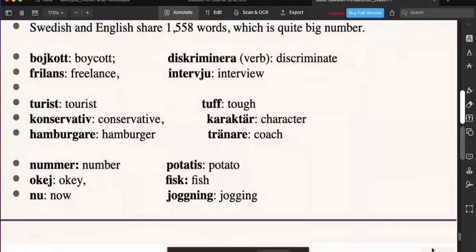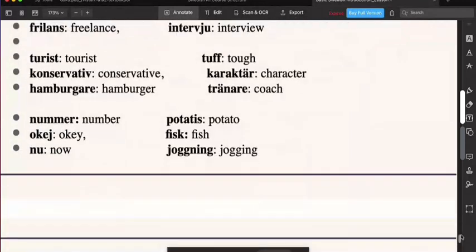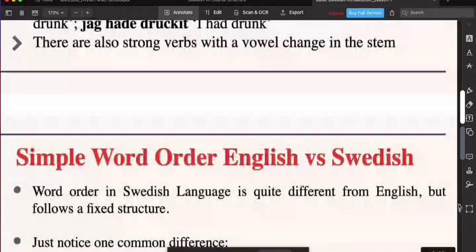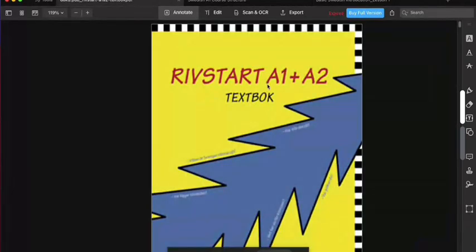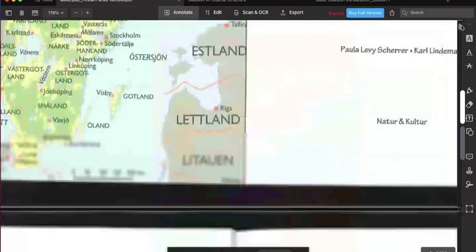So this is our first lesson where we compare Swedish with English, and also we revise letters. Meanwhile, we can also use this book, Rivstart A1 plus A2, that we can use after going through at least 12 to 13 lessons. And we will cover 8 chapters from this book. There are total 20 chapters.